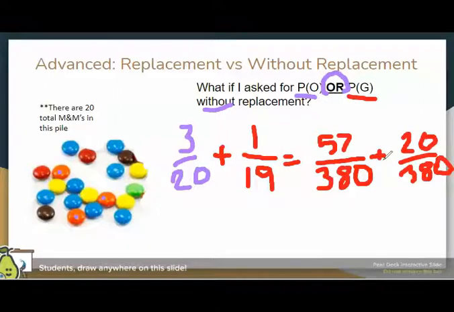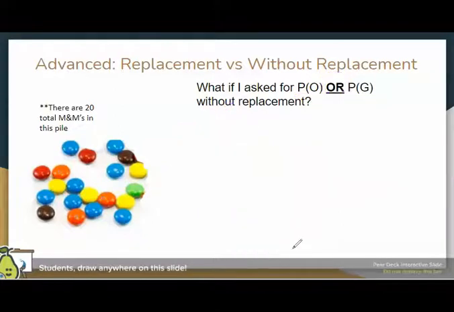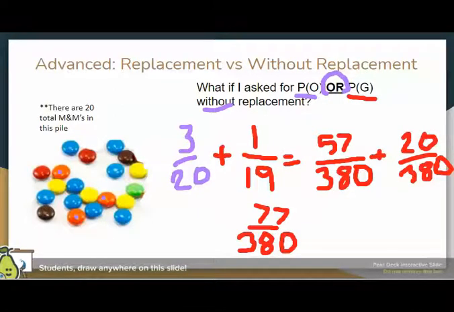And we're ready to add now. So 57 plus 20 is 77. And that is our fraction. Okay, and this can't be simplified, so 77 divided by 380 is going to be 20.3% chance.